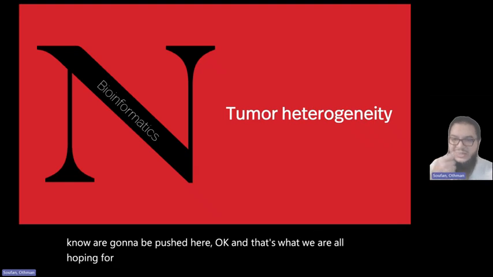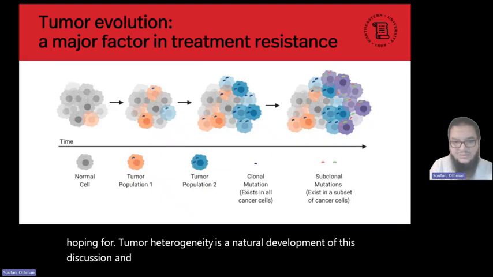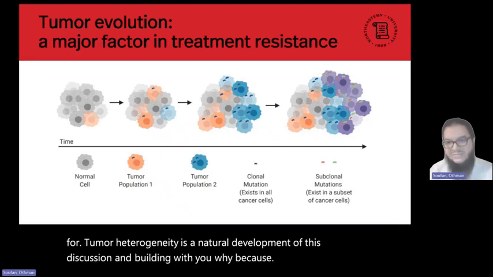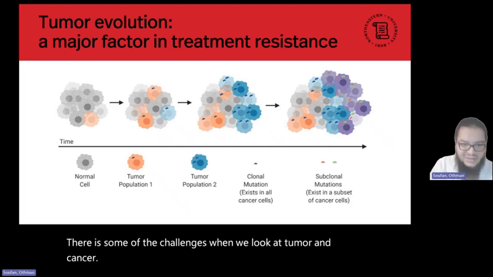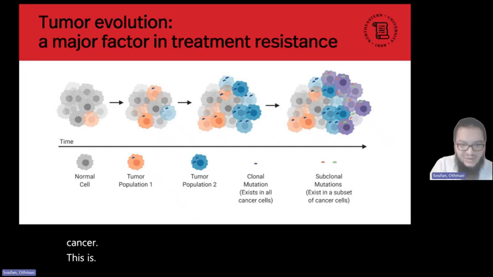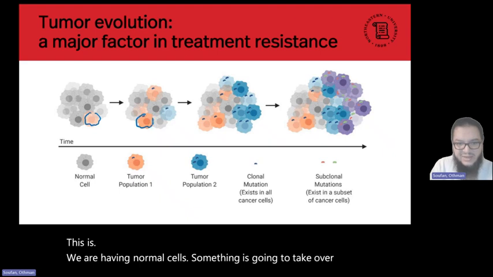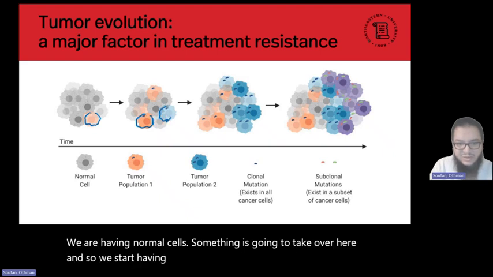Tumor heterogeneity is a natural development of this discussion I'm building with you. Why? Because there are some challenges when we look at tumor and cancer. We have normal cells, something is going to take over here, and so we start having a tumor population of cells.